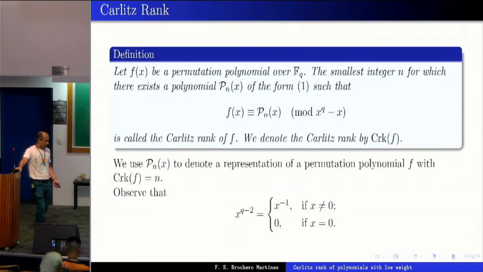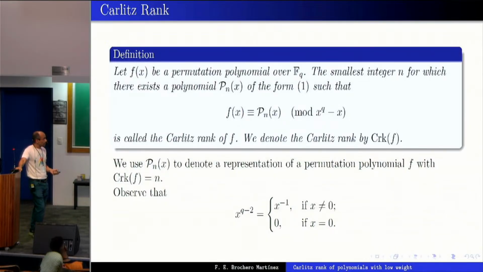We say inversion function because when we calculate x^(q-2), that is equal to x^(-1) when x is different than 0, and 0 if x is equal to 0. It's essentially an inversion.